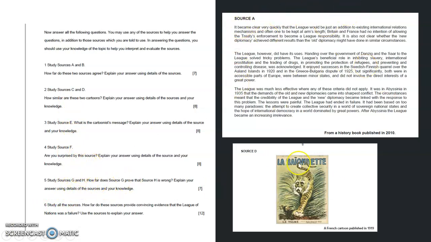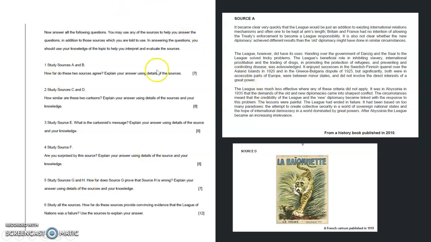Sources could be a piece of text, a speech by the leaders, a political cartoon, or a poster. I have attached some samples here. Source A, source D: this is a text from a history book published in 2010. This is a French cartoon published in 1919.